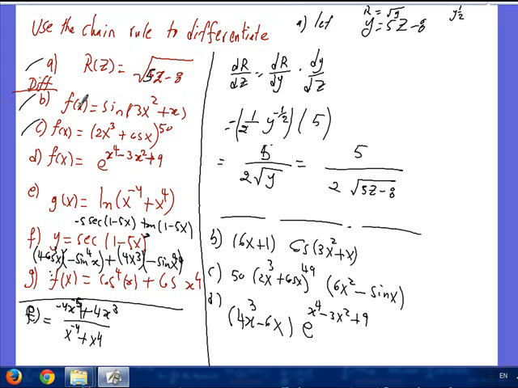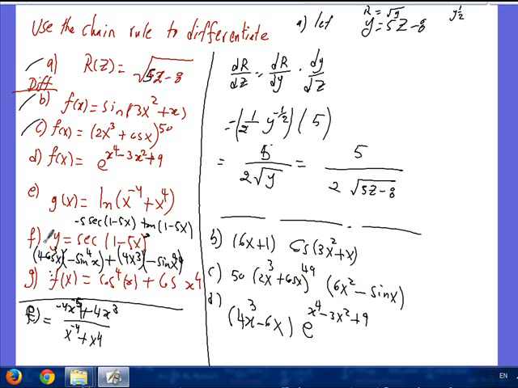The derivative of number b will be cosine of 3x squared plus x multiplied by 6x plus 1. The derivative of c will be 50 multiplied by the bracket to the power 49 multiplied by the derivative of what's inside the bracket, which will be 6x squared minus 9x.